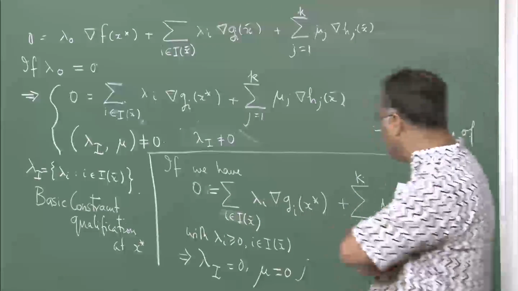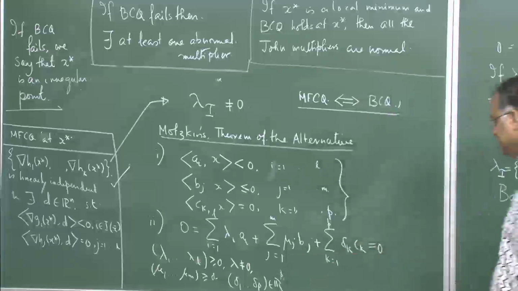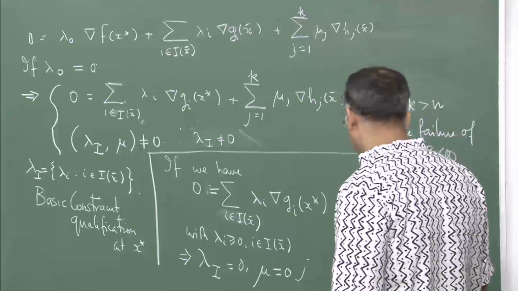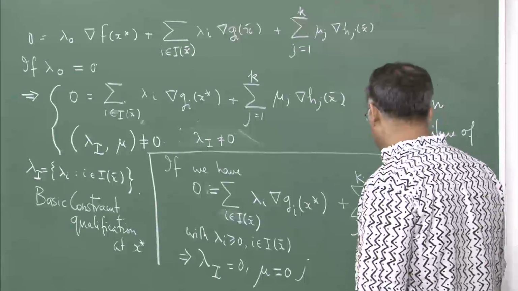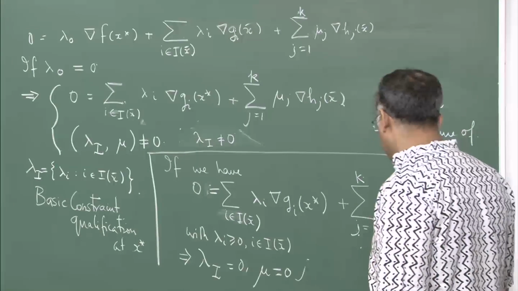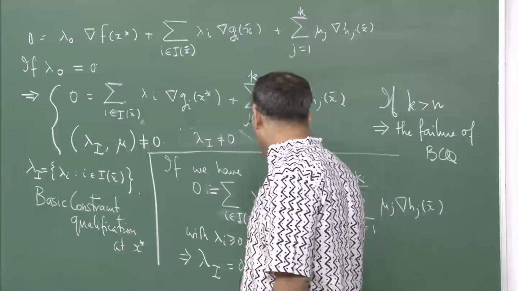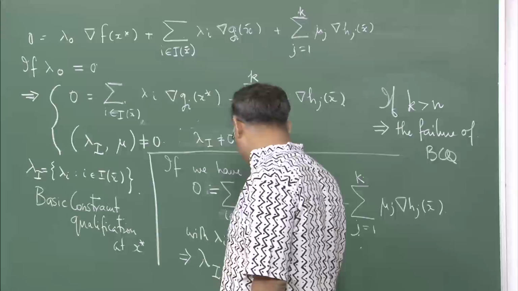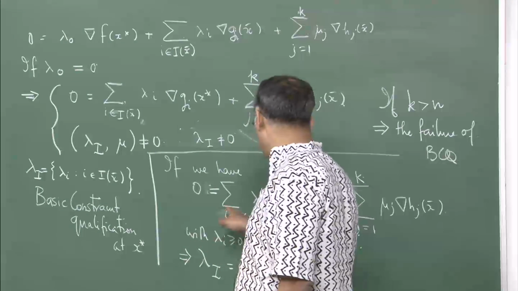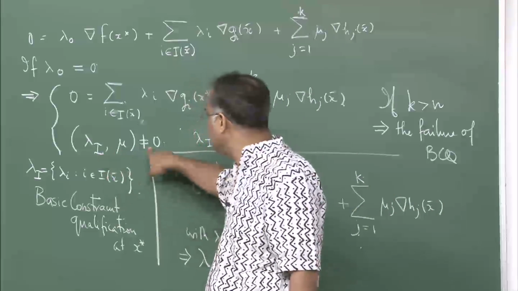So the failure of BCQ is actually some sort of a statement like this, because once this statement is true, this system cannot have a solution with this and this not equal to 0.